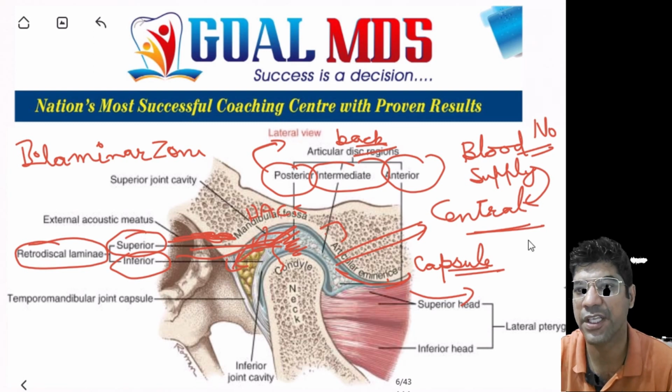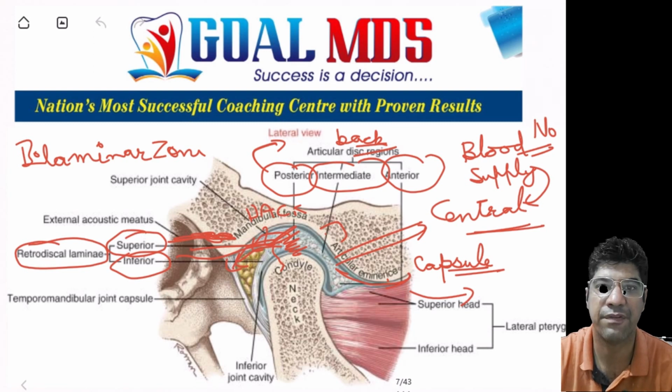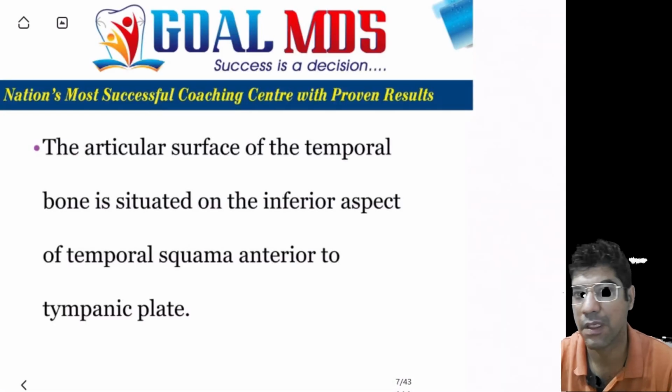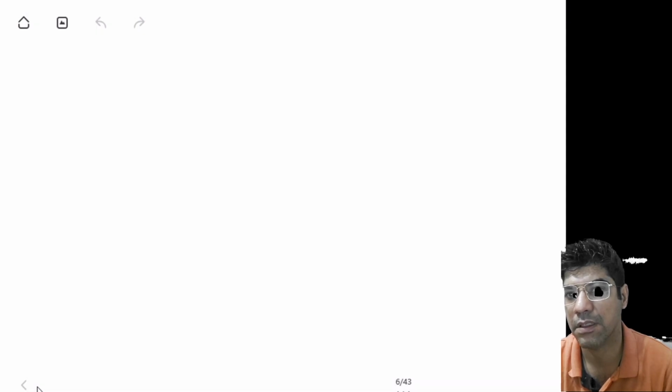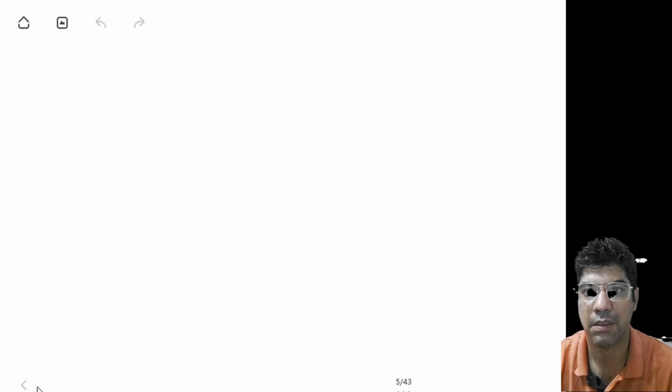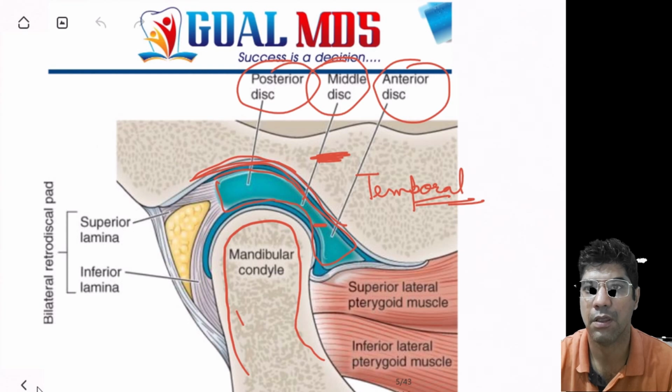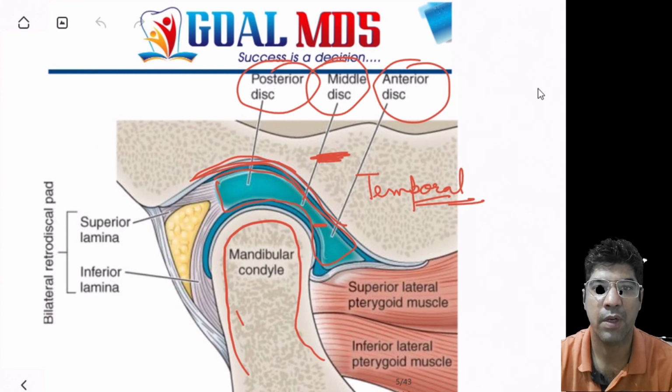So let us discuss the function of the articular disc.